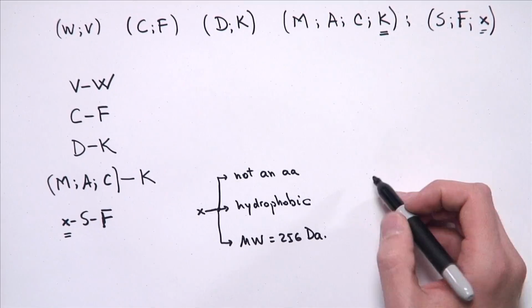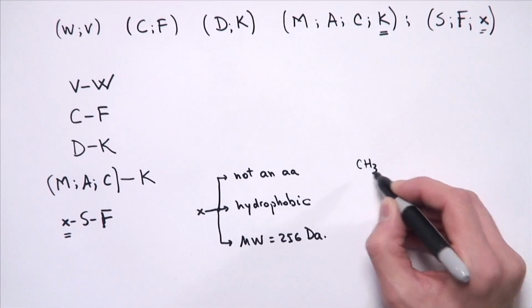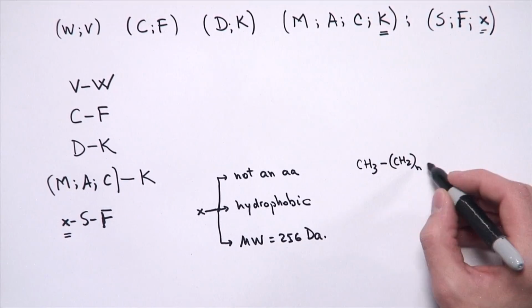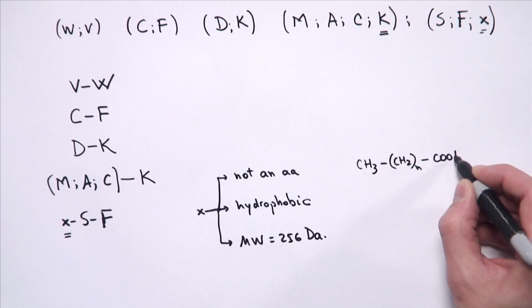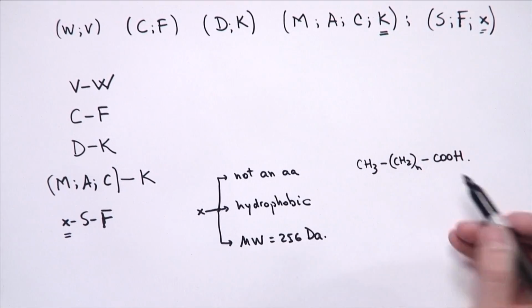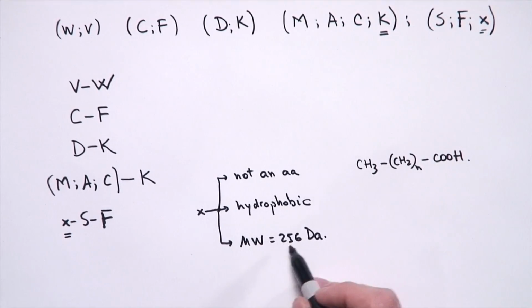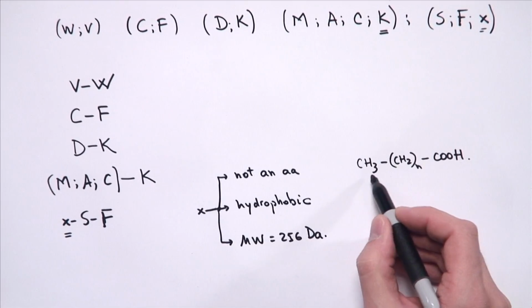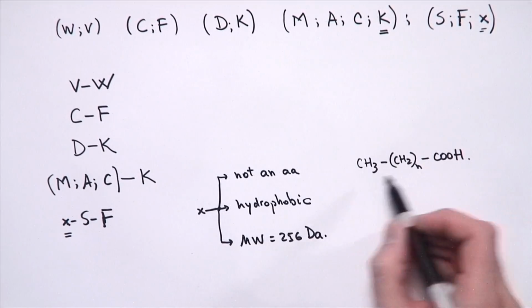Now, the general formula for fatty acids is something like this: CH3, CH2 repeated, say, N times, and then COOH. All right, so let's see what would be the fatty acid that has the molecular weight 256 Daltons. Well, the mass of a methyl group is 15.